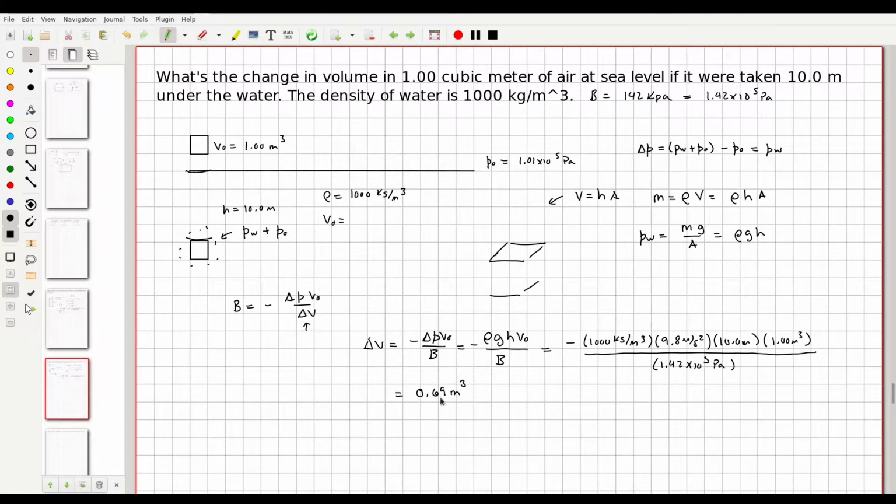Now, if you think of change as final minus initial, then that means that, oh, negative, by the way, that means that your new volume is going to be 1 cubic meter minus 0.69 cubic meters, which actually ends up being about this. So this thing's compressed quite a bit.